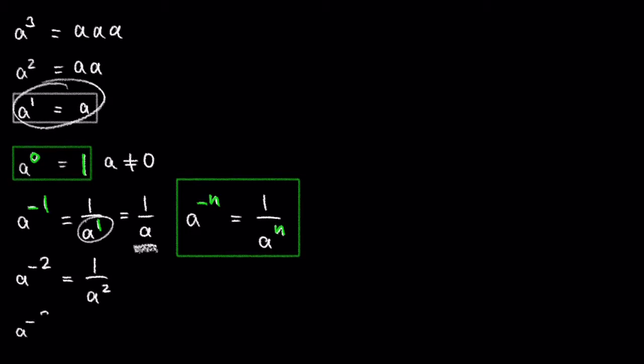A to the -3rd power is 1 over a raised to the third power. For the sake of completeness, I have to say that this and the following rules are only defined for non-zero numbers. In other words, they work only when a is not 0.